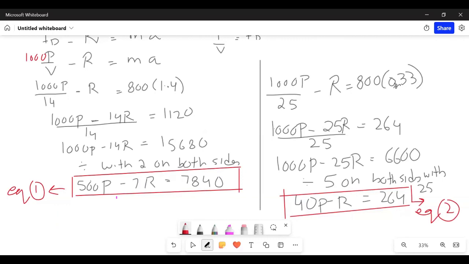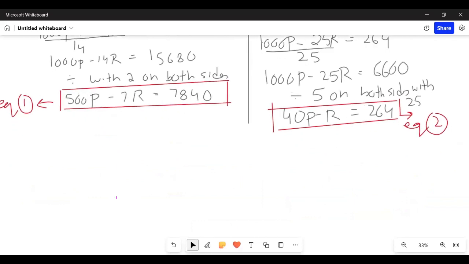Now use the simultaneous equations elimination method or substitution method to find P and R. I am going to use the elimination method. So I'm going to write these equations again.